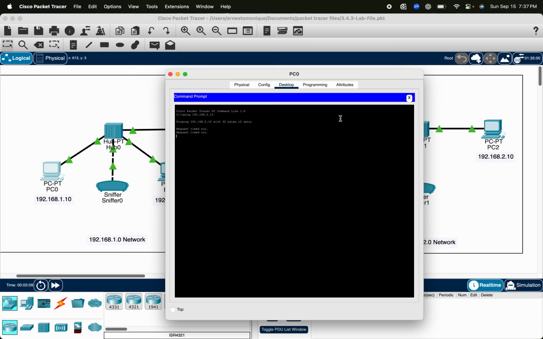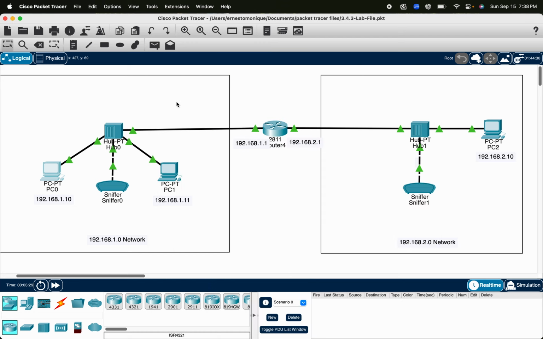Seems like we can't connect. We're gonna see why in a second. All right. So as you can see, we sent 4 packets and we received 0. Didn't work.